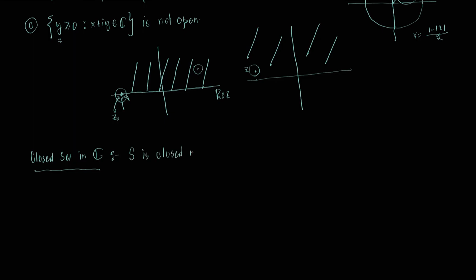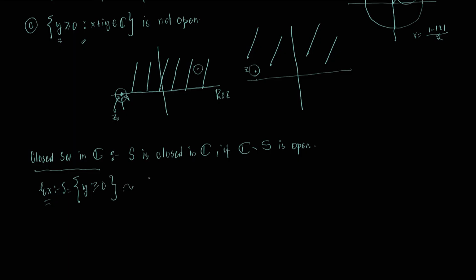Please remember, I am saying closed in C, not in another set. For example, let's consider this set: S is y greater than or equal to 0. So this is the upper half plane with the boundary.